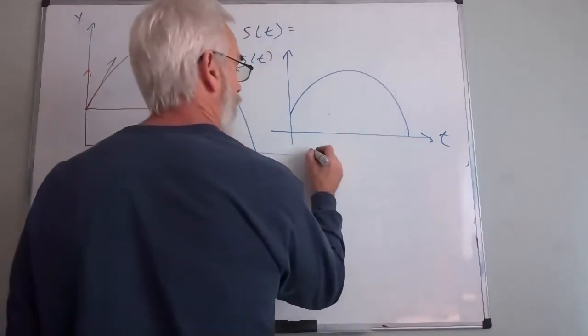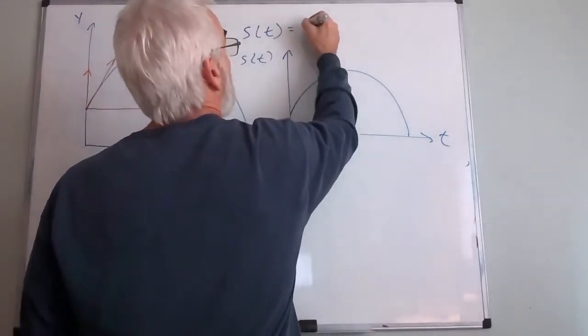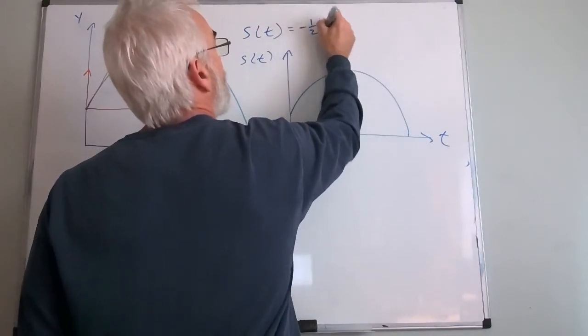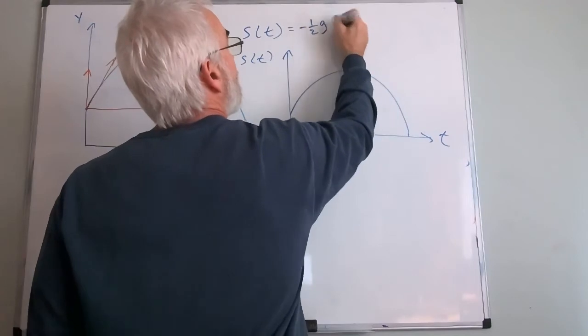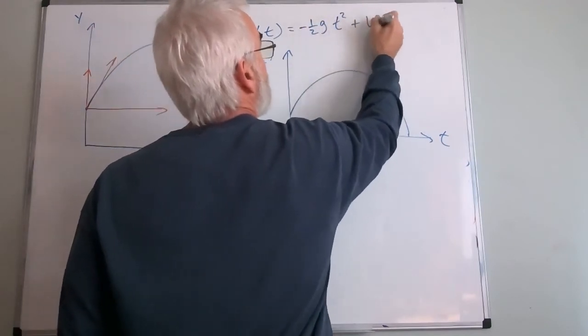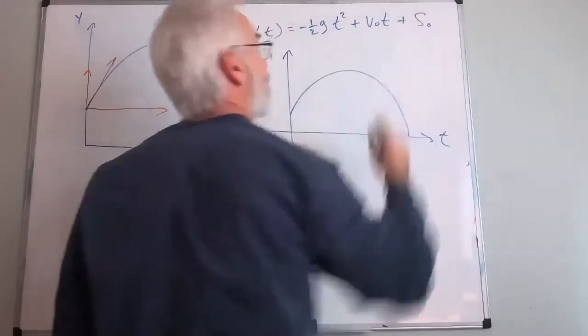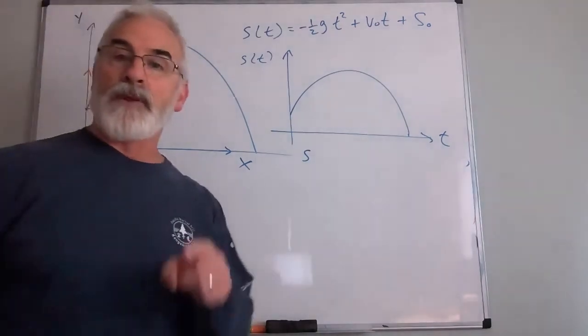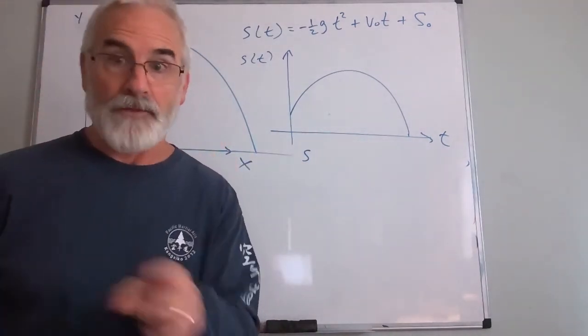And the equation that we always used, up here, is negative 1/2 g t squared plus v0 t plus s0. That's the universal equation, where g is gravity, and we use it as just a scalar, not a sign.